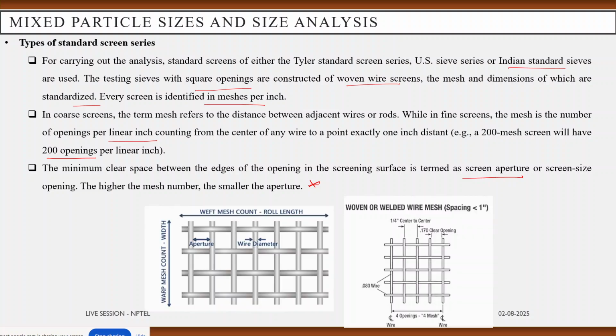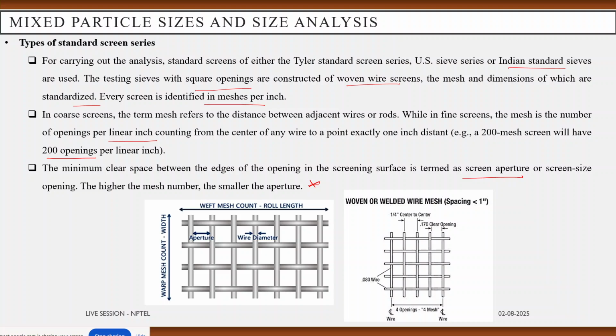You can understand from this picture, which denotes a screen segment. Suppose this is 1 inch and there are 1, 2, 3, 4, 5, 6 openings. That will be known as 6 mesh. This one opening is known as the screen opening or aperture, and this is the wire diameter.